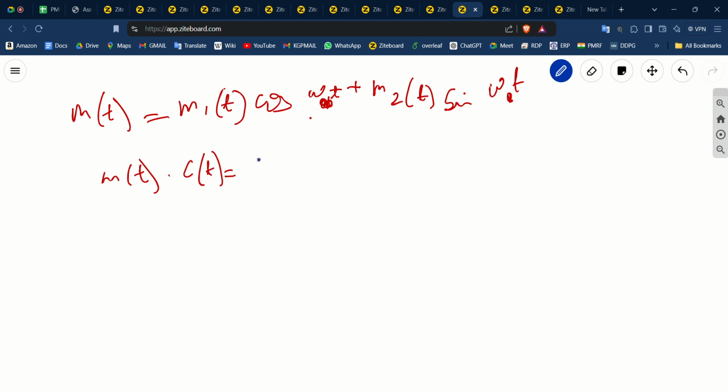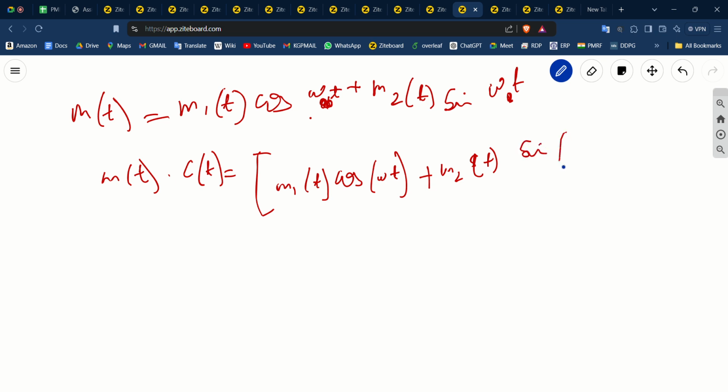So it is m1(t) cos omega t plus m2(t) sin omega t, into cos(omega t plus theta). So this is your input to the filter.